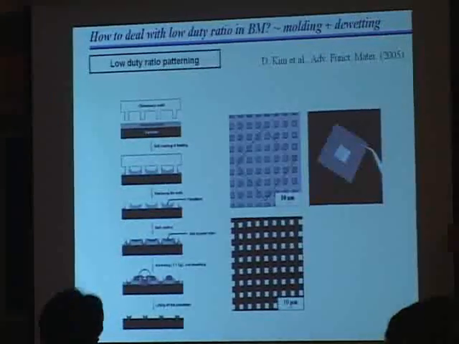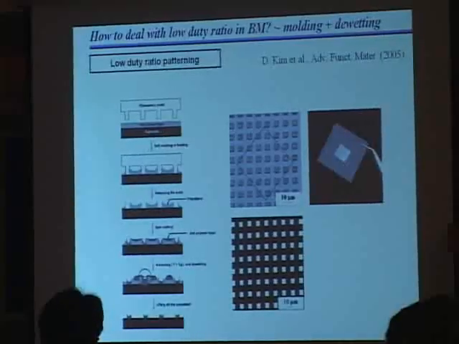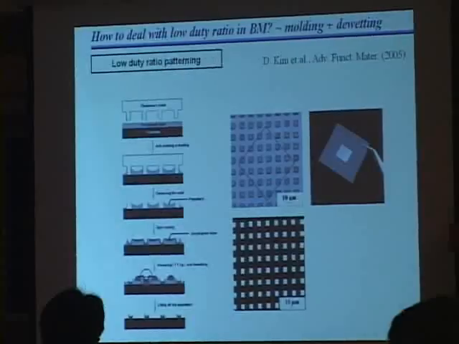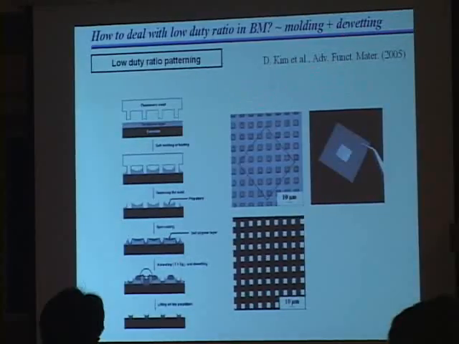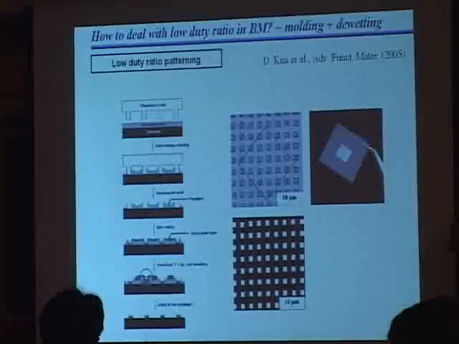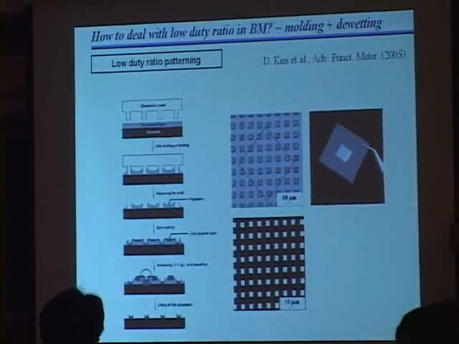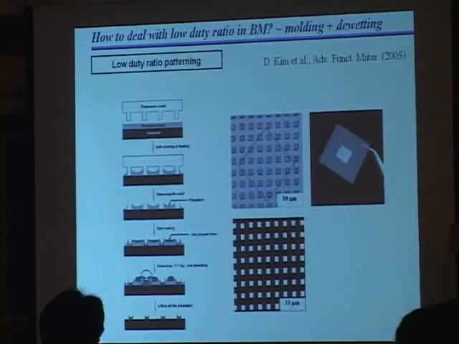How can we overcome these problems by using this contact-based technology? As you may know, Professor Lee proposed a very nice concept by combining molding and dewetting, as shown here. It's very difficult to expose a large portion of the substrate in one step by molding itself.